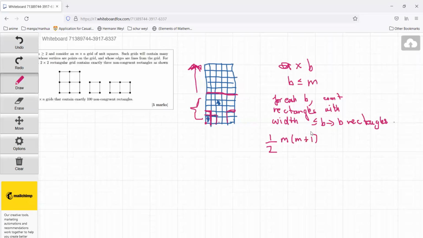This is just the series adding B from 1 to m.